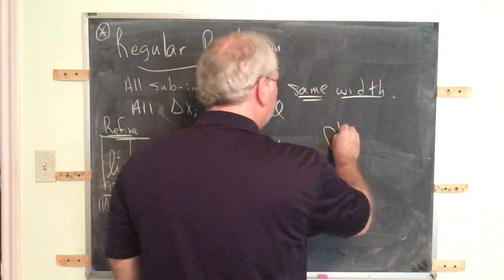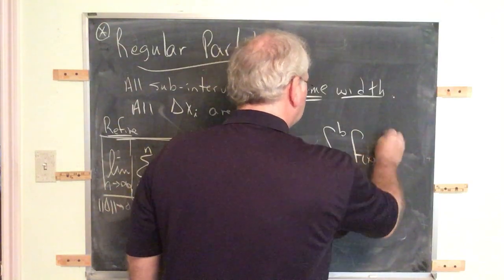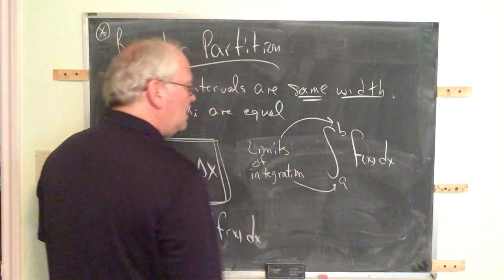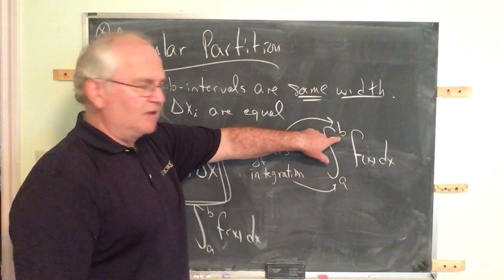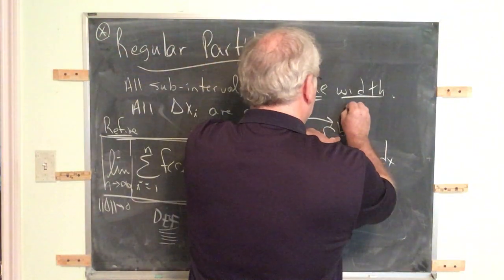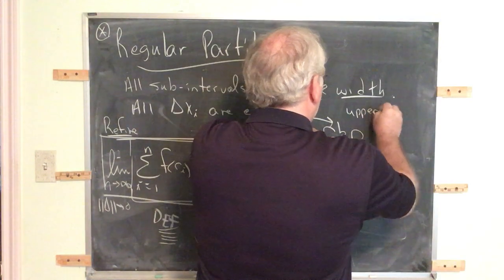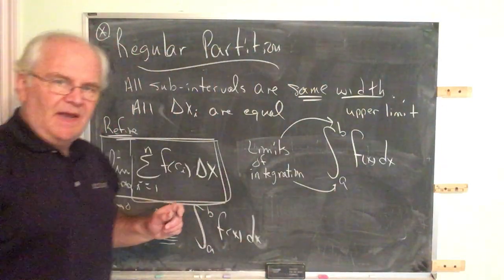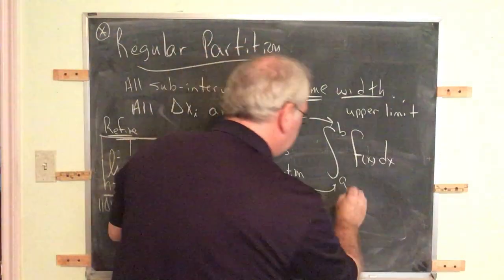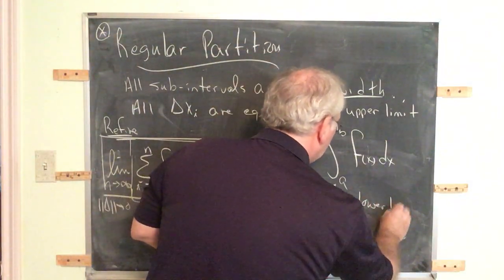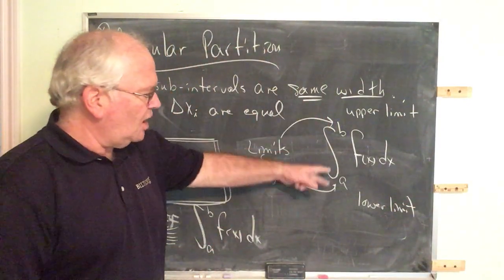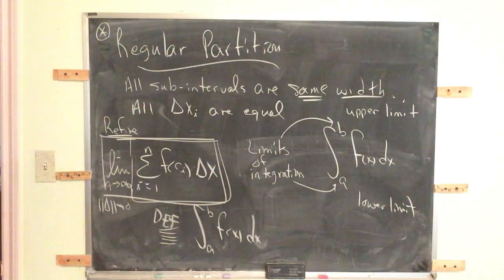So if I have a to b, limits of integration. The upper one has a special name. The upper limit of integration is called the upper limit. The lower limit has a special name. The lower limit is called the lower limit. The upper limit and lower limit, those are the limits of integration.